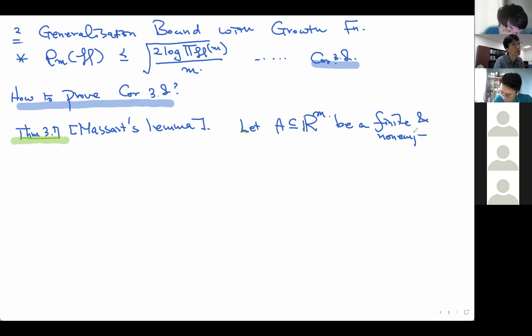The expectation is over sigma, which is uniformly sampled from -1 and +1.